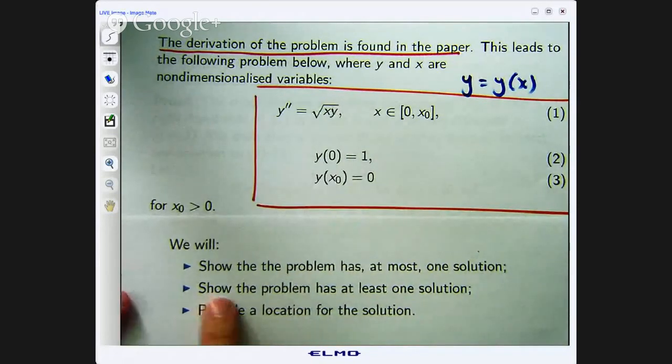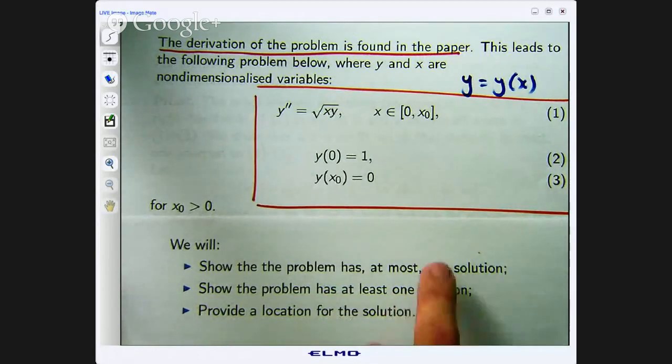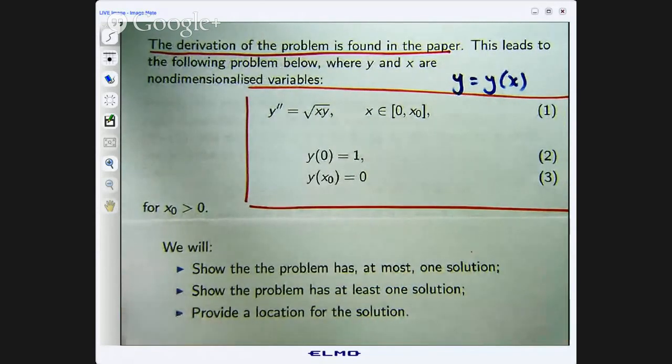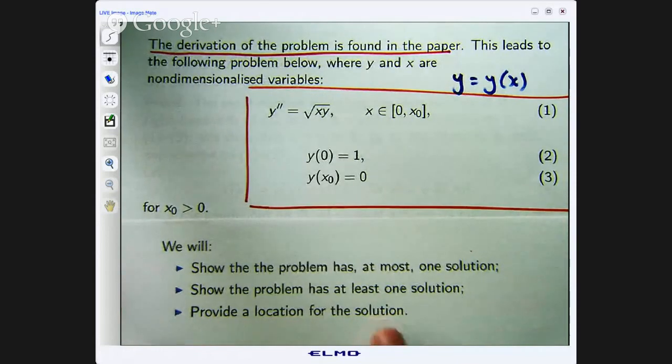Then we'll go further and show the problem has at least one solution. So combining point 1 and point 2, you get a unique solution to the problem. You know that one exists. And thirdly, we will provide a location for the solution, some bounds or some geometric insight into where the solution lies.